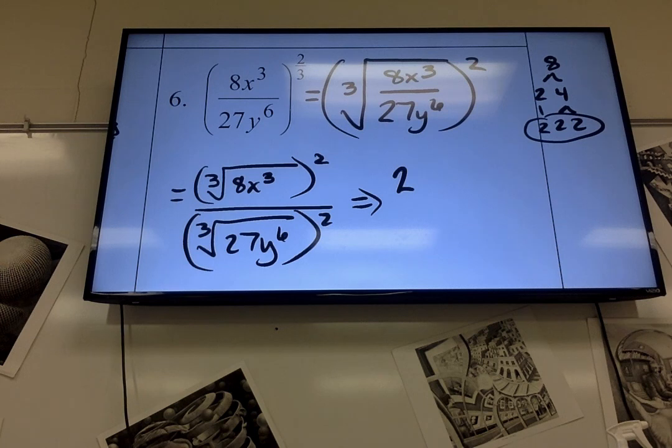The cubed root of x to the 3rd. X to the 3rd means x times x times x. So the cubed root of that is x. With exponents, really, you just divide those. So 3 goes into 3 once, so that's x to the 1st there.